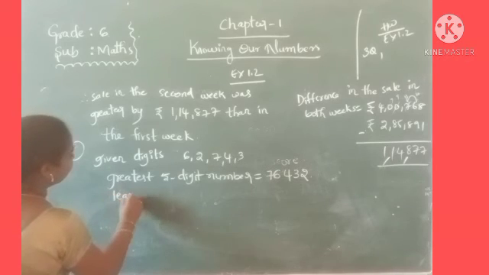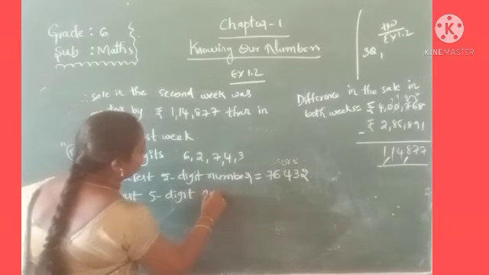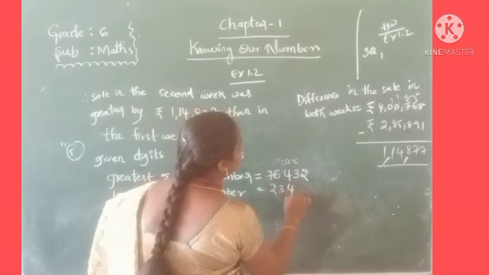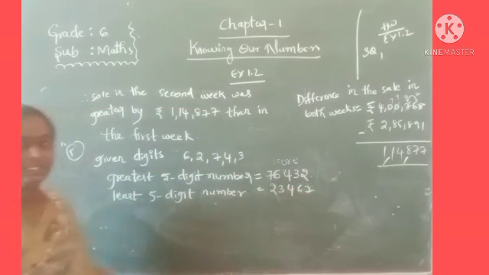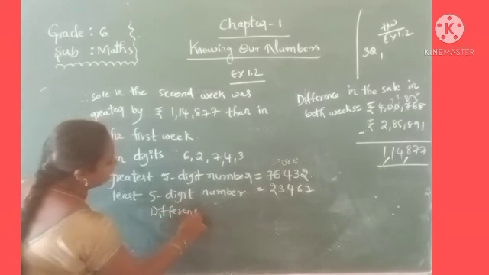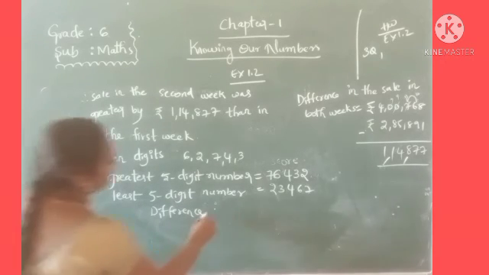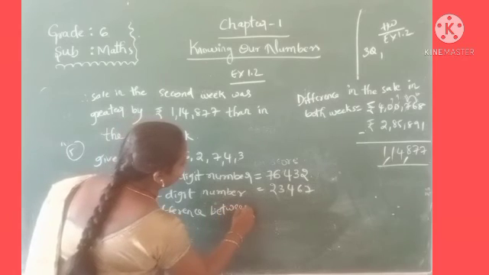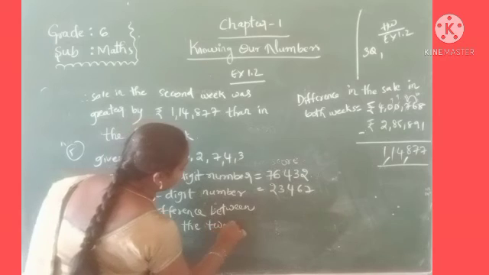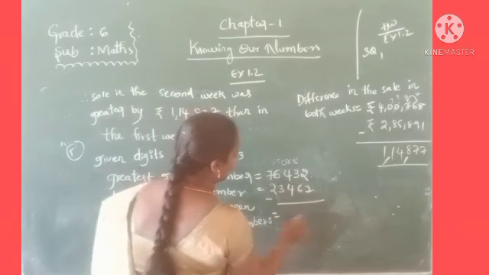Then the least 5-digit number. Just reverse: 2, 3, 4, 6, 7. Okay now, what do you have to do? You have to find the difference between the two numbers. So difference means do the subtraction.